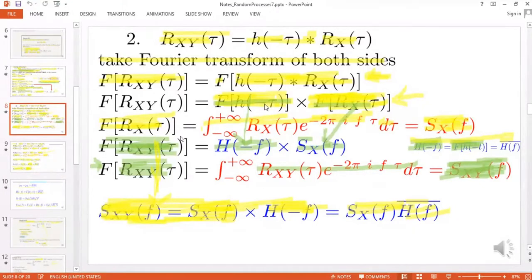And again here, what is this? It is F of h of minus tau, and F of R_x(tau).